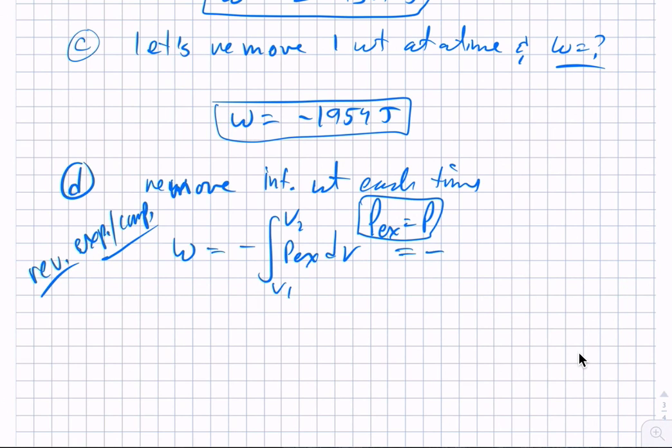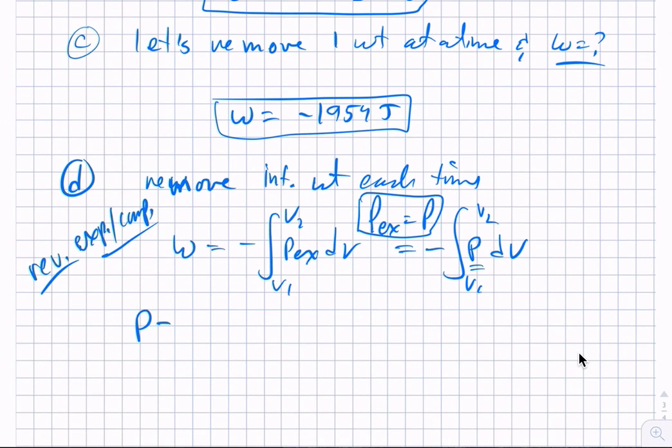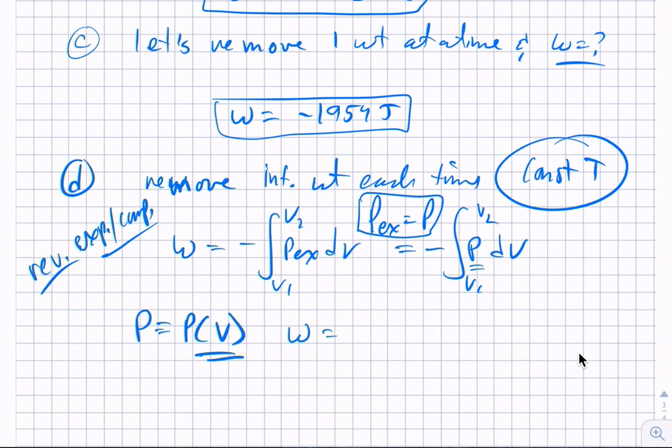Now, if that's the case, we have minus integral P dV from V1 to V2. Now, pressure is defined to be a function of volume. Keep in mind we're still at constant temperature. So work will equal minus integral, and we have an expression for what pressure is equal to. Given the ideal gas law, it will be nRT over V. So we're going to have nRT over V dV from V1 to V2.